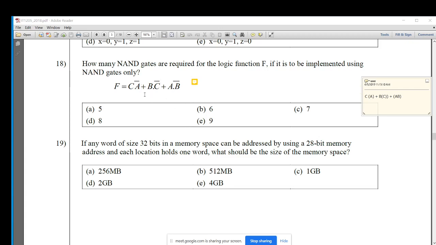So again you can see there are ORs. I don't like OR gates, therefore I am going to apply that bar rule. Now let's see whether I will get the same answer as the examiner. So therefore what I am going to do is apply A bar bar is A. Then I am going to apply the De Morgan rule.